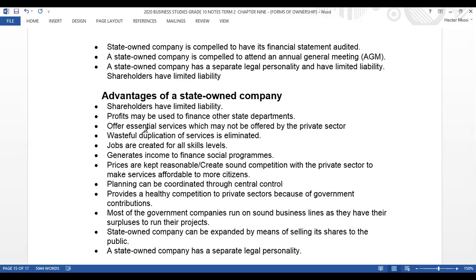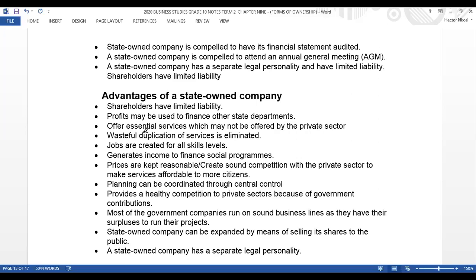We know that planning can be coordinated through central control. Also, you provide healthy competition to private sectors because of government. Most of the government companies run on sound business lines, as they have their own surpluses to run their projects.